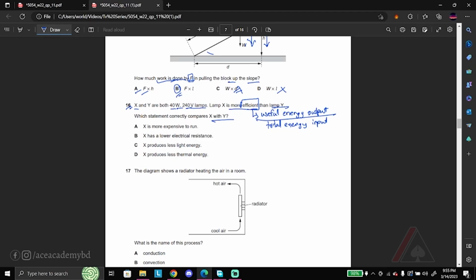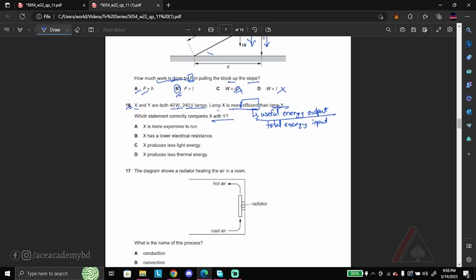In other words, efficiency is the amount of total energy input that is converted into useful energy output. Now it says lamp X is more efficient than lamp Y. That means more useful energy output is produced for lamp X than lamp Y.